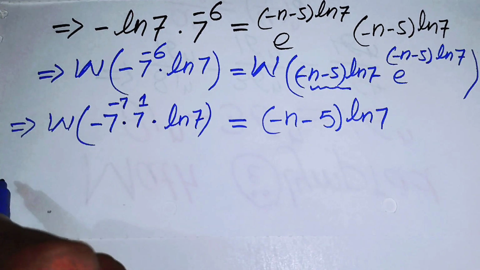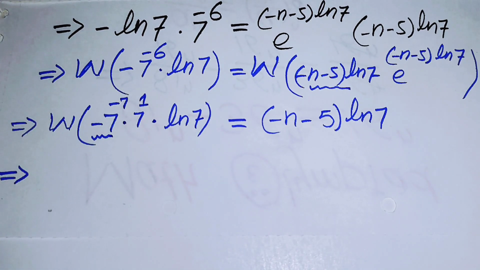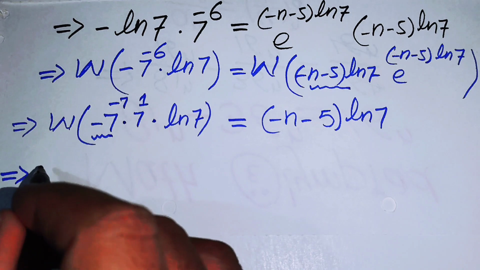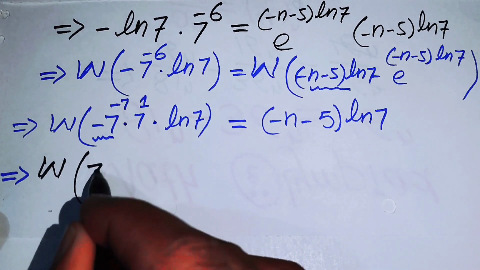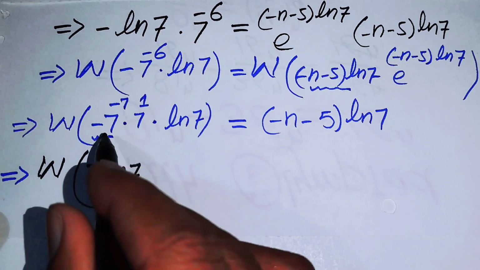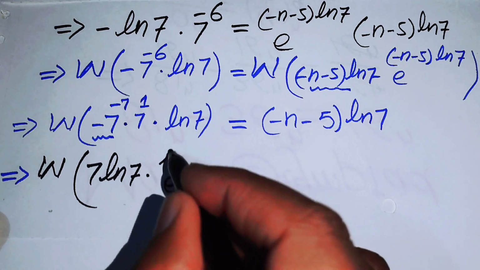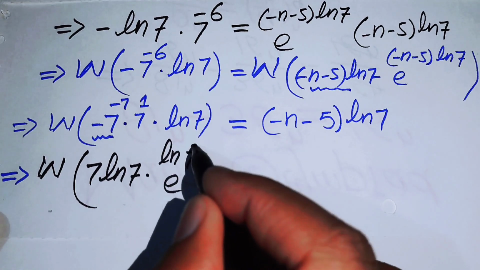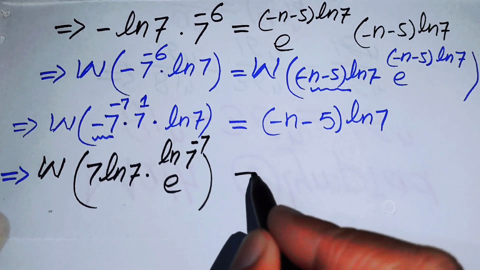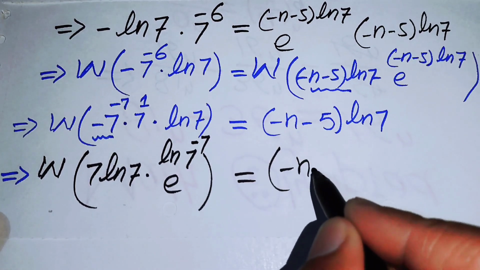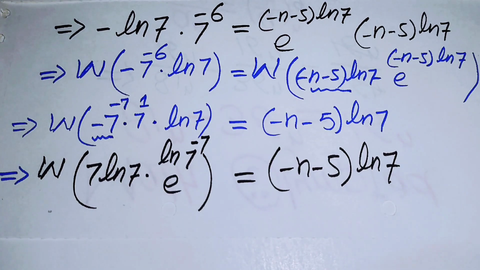So now we can just take the log and anti-log of this term only, and we will write it as W of, first I can write 7 times log 7 here, and we take the log and anti-log on this term, and we write it as e to the power of log of 7 to the power of minus 7, and this whole equals minus n minus 5 times log 7.